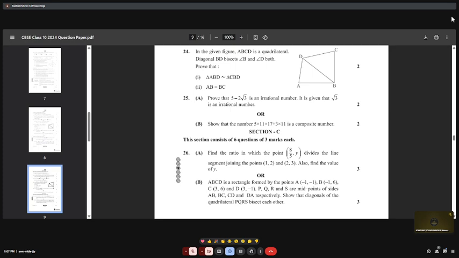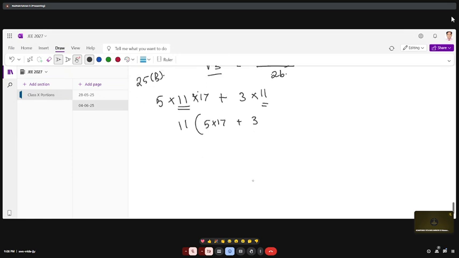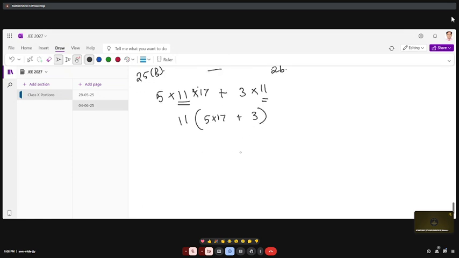So if you look at these numbers, you see that there is 11 which is common. So you take the 11 out, it becomes 11 into 5 into 17 plus 3. So this itself proves that it is composite, because this is some number, so into 11 is coming. So therefore it is composite.